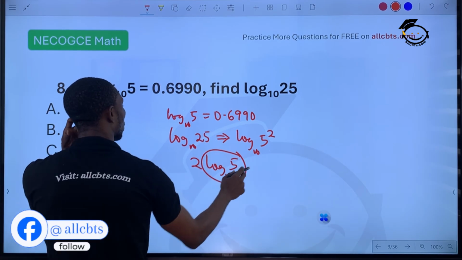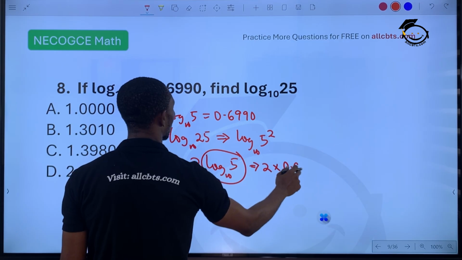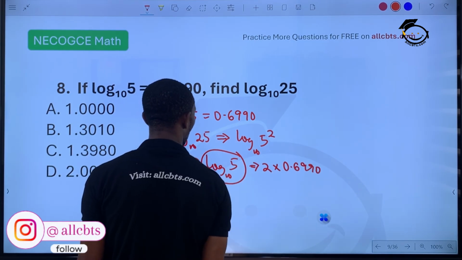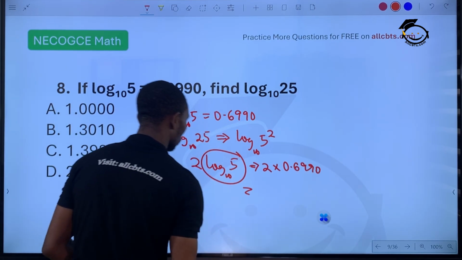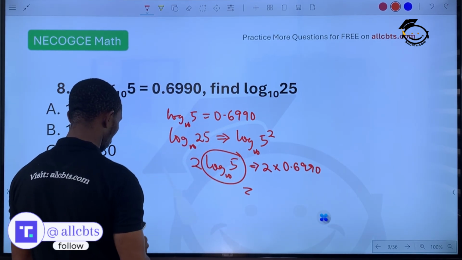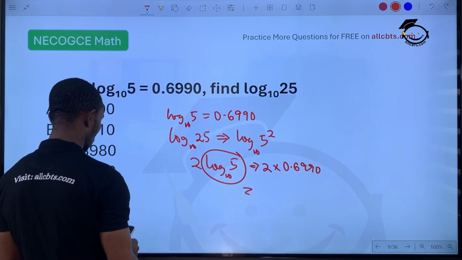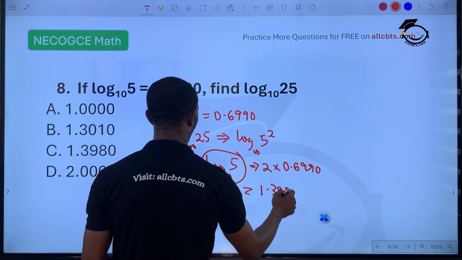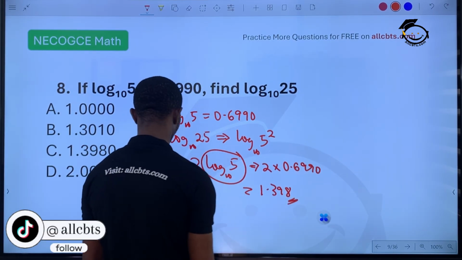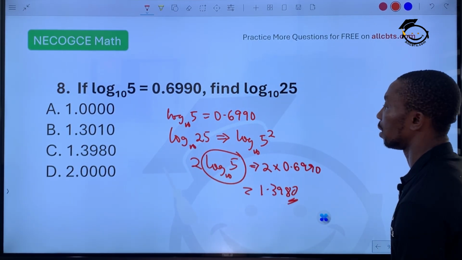So this becomes 2 times 0.6990, which gives us 1.398. So 1.3980, if we like, would be our answer.